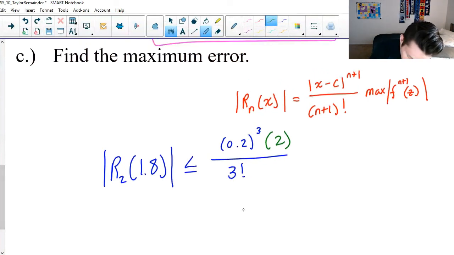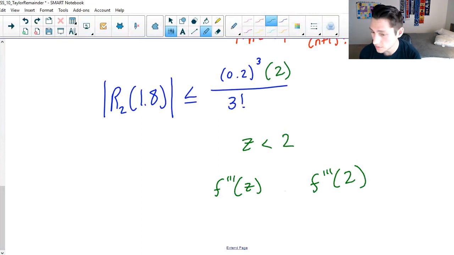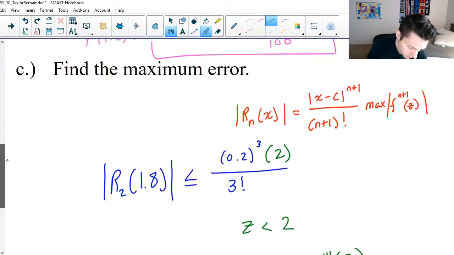Right, because I know that z, whatever it is, is less than 2. And so if I think about comparing the third derivative at z compared to the third derivative at 2, well, look at our table and look at what we know.